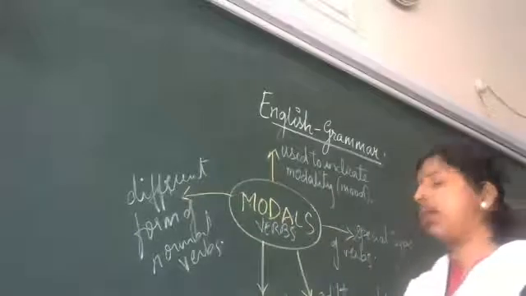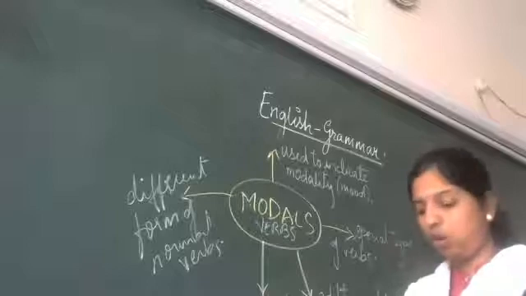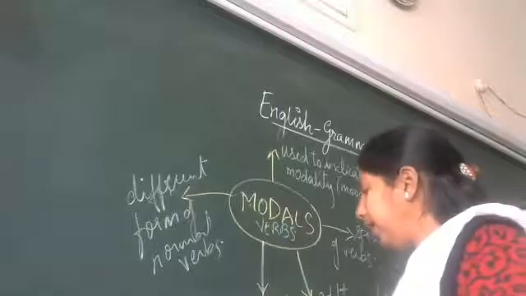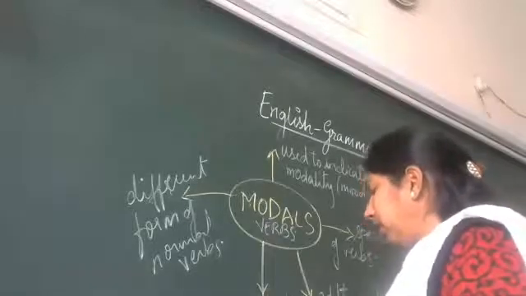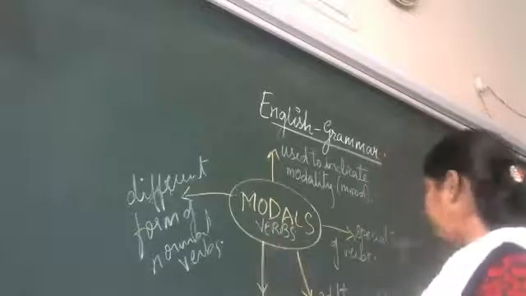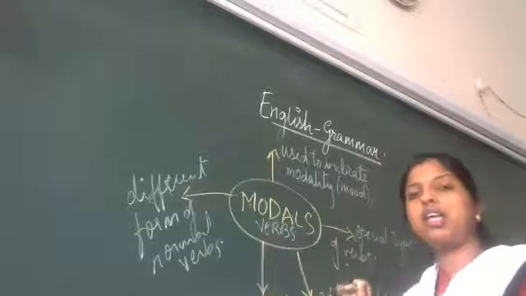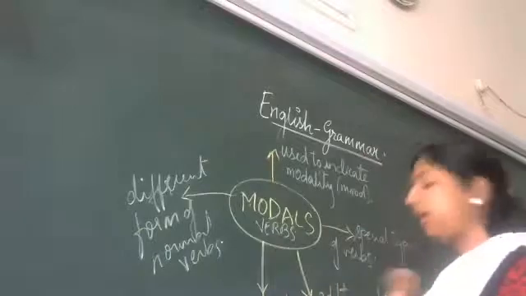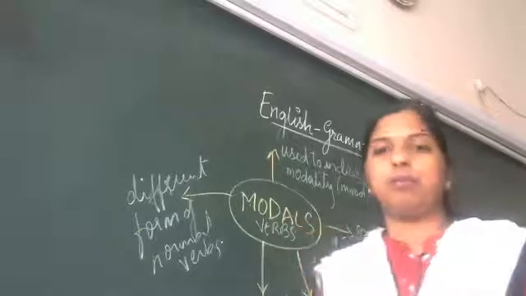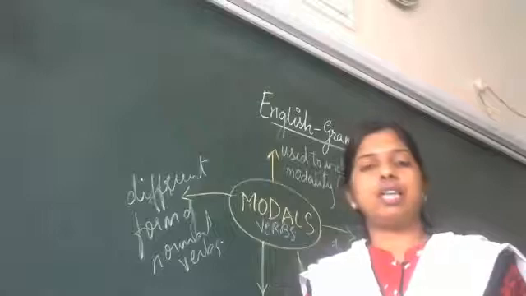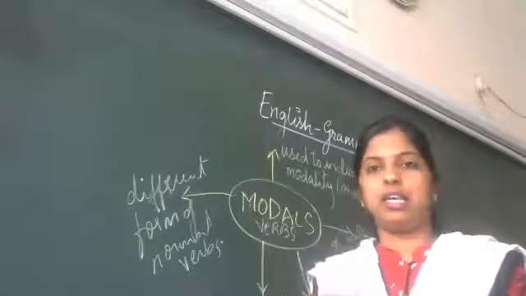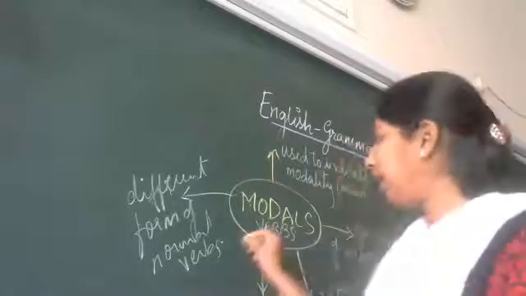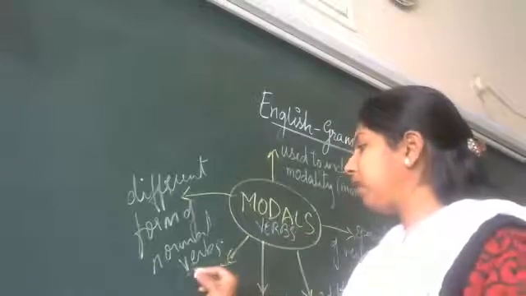Because they never change their forms. They don't change to ed or ing. They remain the same and they give additional information about the main principal verb, that is the main verb which is there in the sentence. Clear?